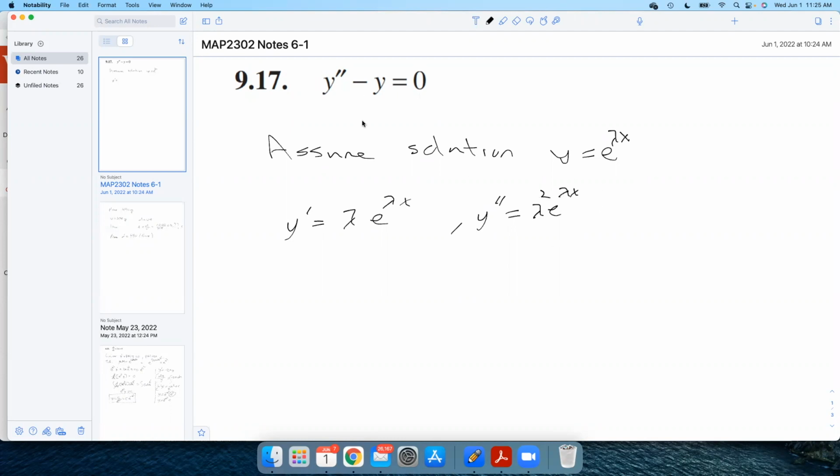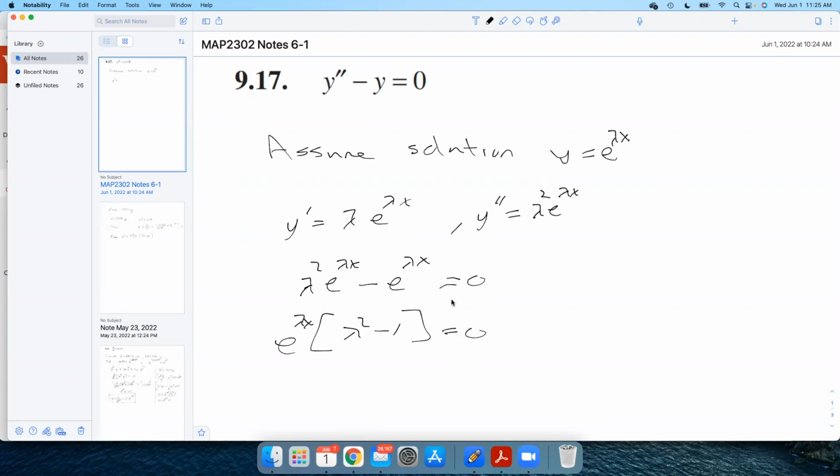So that right there will be lambda squared e to the lambda x. I don't have a y prime in there. I just found y prime in order to find y double prime. I can factor out that common factor of e to the lambda x and get lambda squared minus 1.